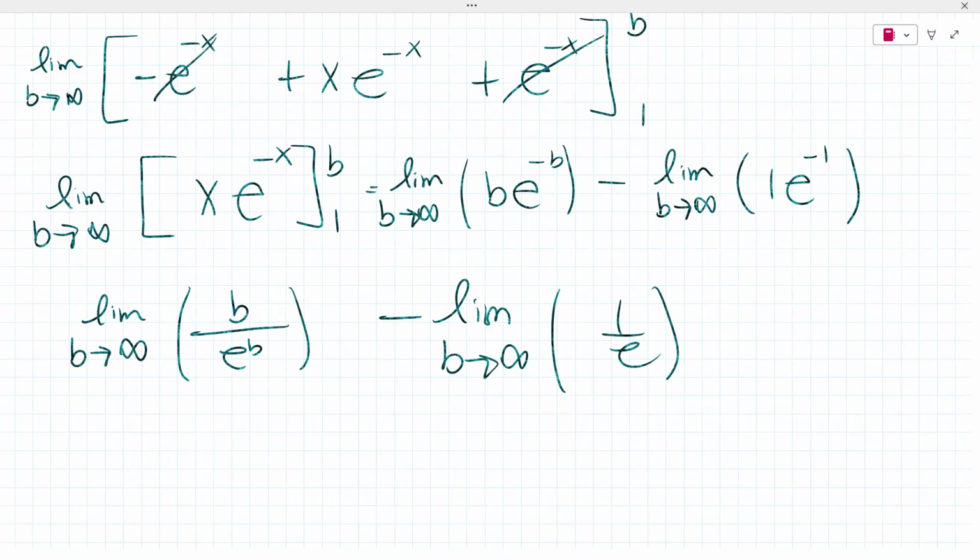Okay, so now apply the fundamental theorem. Over here, you're going to replace b with infinity.